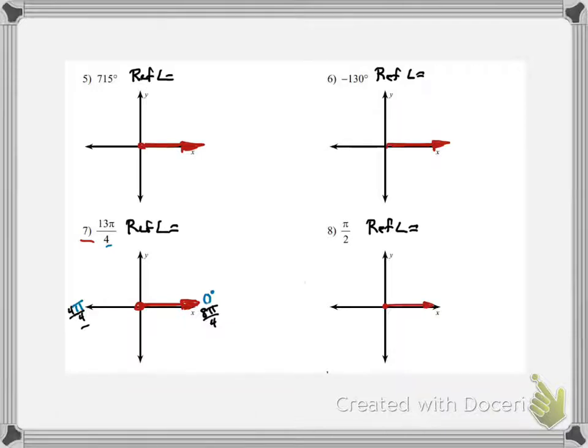So I have to do 13 pi over 4. And if I positive, so going up, started here and went all the way around, I'd have 8 pi over 4. So I started with 13 pi over 4.